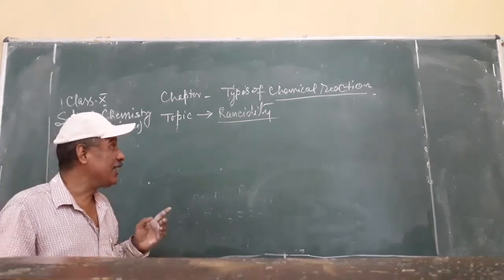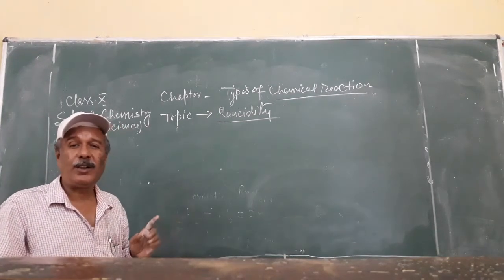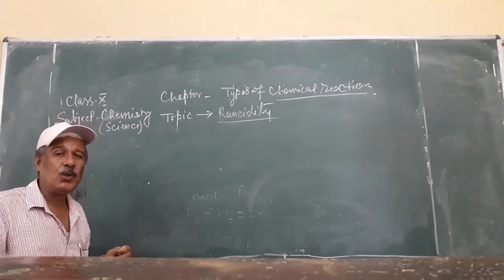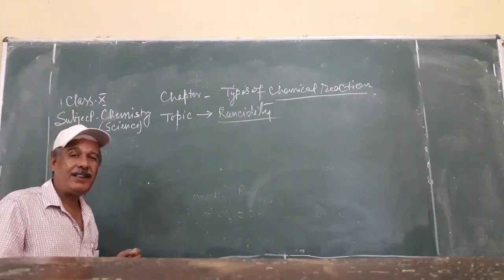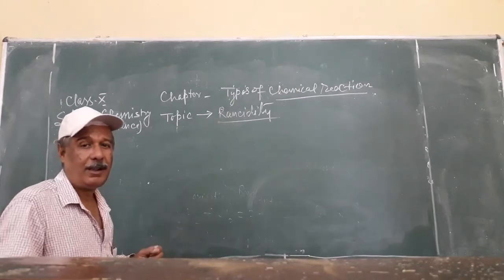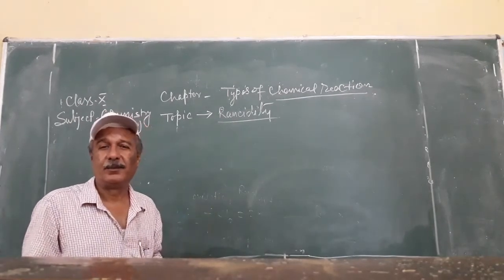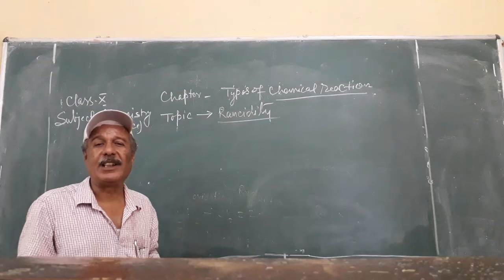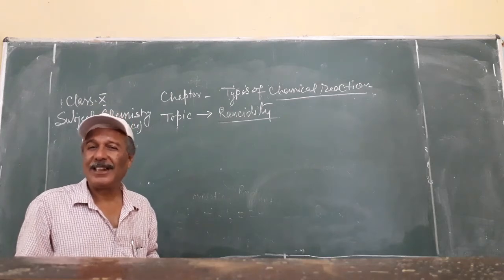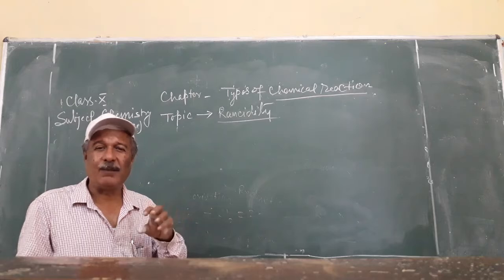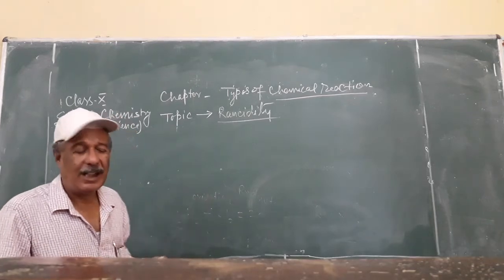Students, this is why, in order to avoid rancidity and to keep our material eatable, some other chemicals are also used there. They are called preservatives, and they keep the material eatable for a long time.